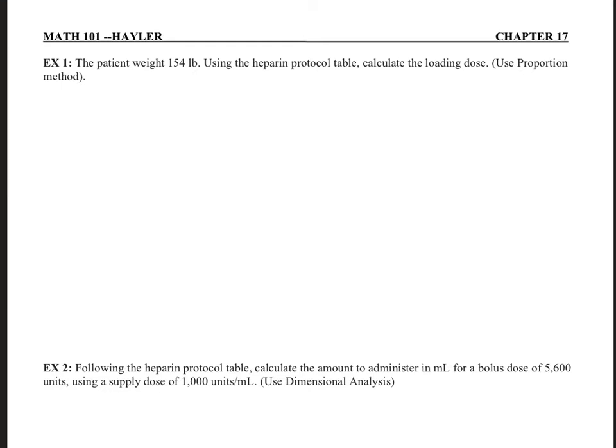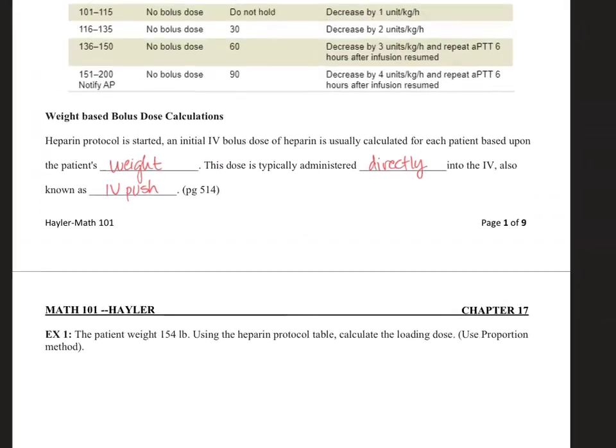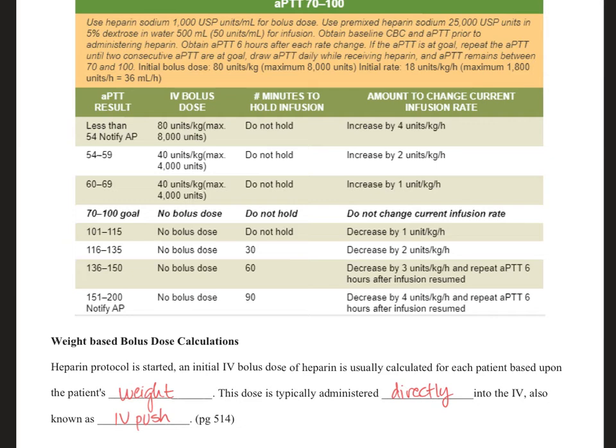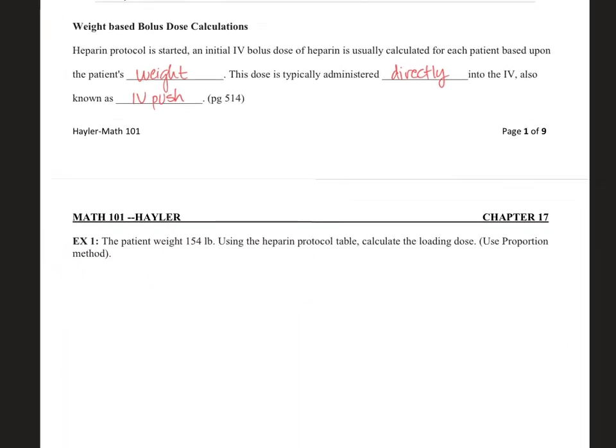When we look at table 17.1, what do we look at for the initial loading dose? The initial bolus dose is 80 units per kilogram, maximum 8,000 units. Alright, so that's the starting 80 units.